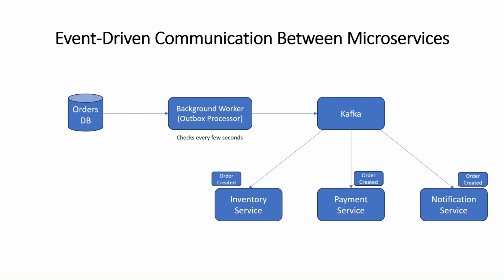Notice that the order service never directly calls any of these services. It simply publishes an event and Kafka distributes it to all interested consumers. This creates loose coupling between services, improves scalability, and makes it easy to introduce new consumers in the future without changing the order service.